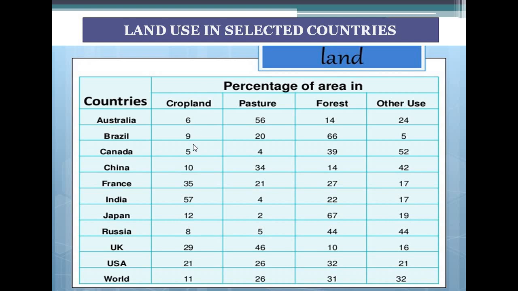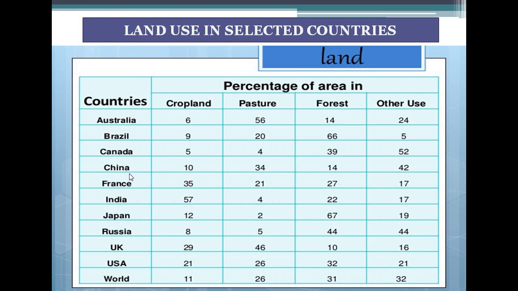Cropland means the land which is used for growing crops, or in short, for agriculture purposes. Pasture means cattle rearing, or the rearing of different animals. Then we have forest and other use.